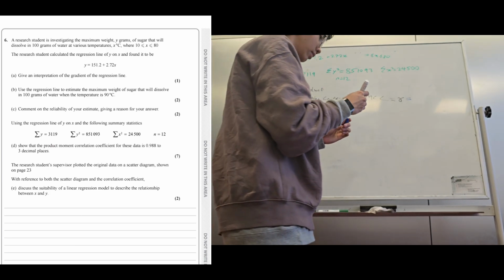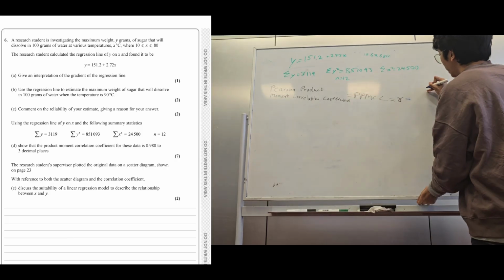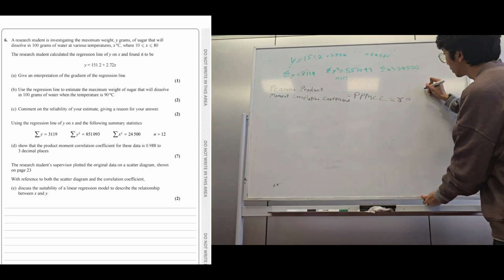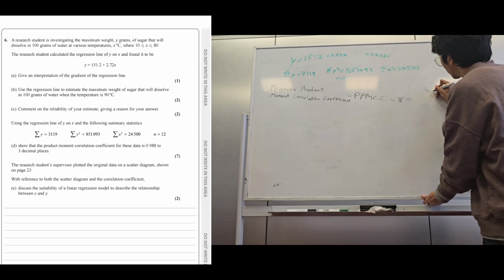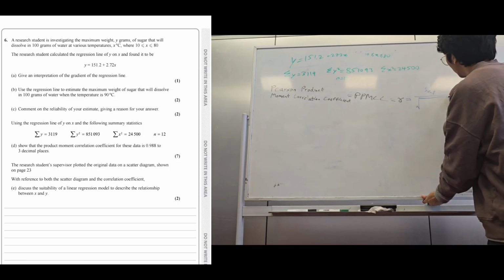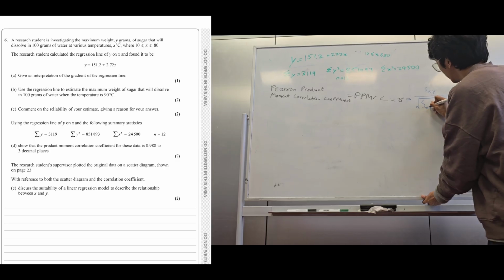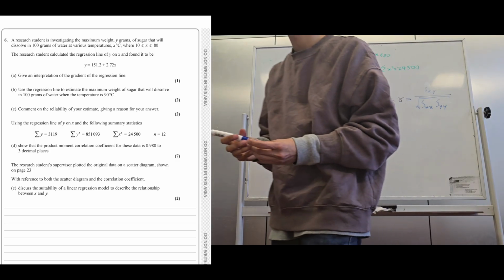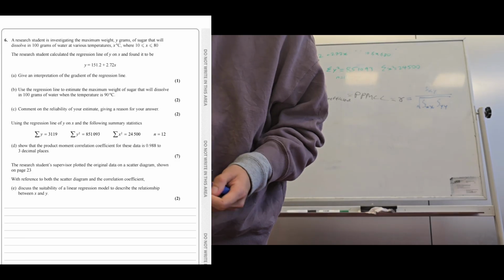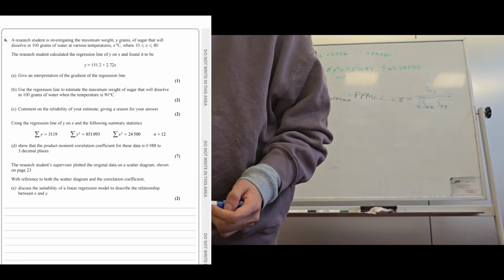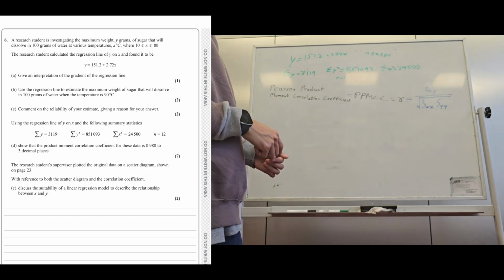There you go. r is equal to Sxy divided by the square root of Sxx Syy. That is the formula for the Pearson product moment correlation coefficient. Alright, so we're going to use that.